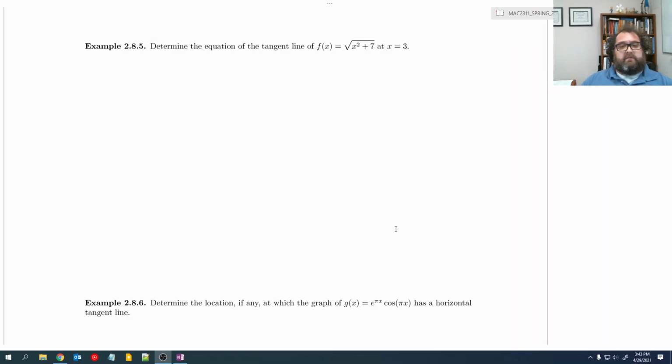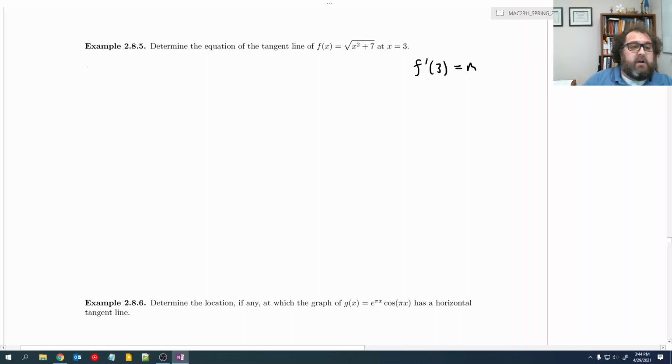Remember, if we want to write the equation of a tangent line, we need a slope, which basically means we need to evaluate to find the slope here at x equals 3. We need to evaluate f prime of 3. That's going to be our slope. Simple enough.